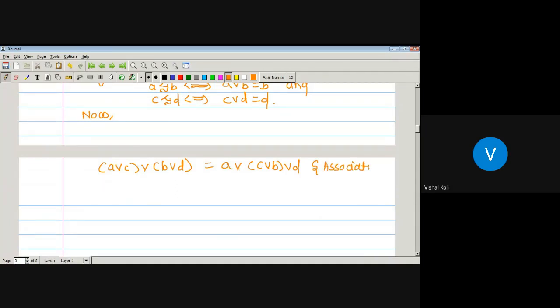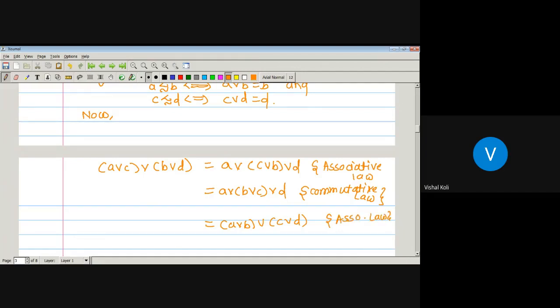Associative law. We just have to use the properties. Now it can be written as A join (C join B) join D. C join B will be equal to B join C, which is from the commutative law. Now next, it can be written as (A join B) join (C join D), which is again from the associative law.